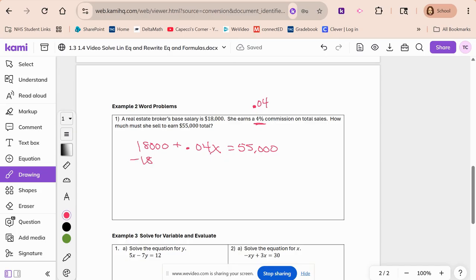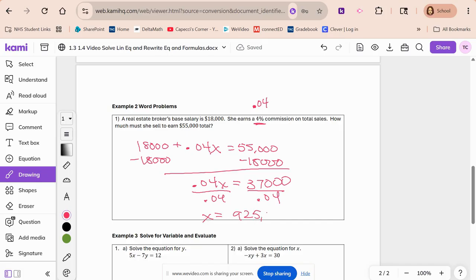So I'm going to bring this 18,000 over to the other side, and I have 0.04x is equal to 37,000. Divide both sides by 0.04. And I have x is equal to 925,000. So that is how much this real estate broker is going to need to sell in order to get to that $55,000 total.